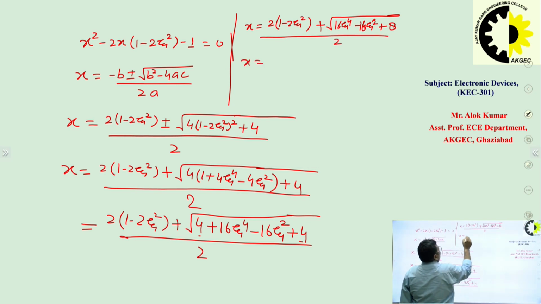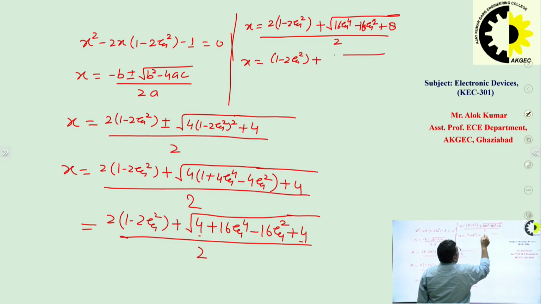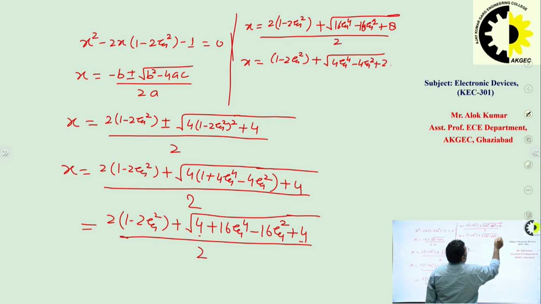Or finally, if I take 2 common from here and 4 out of the root, x will be 1 minus 2 zeta square plus under root of 4 zeta to the power 4 minus 4 zeta square plus 2.